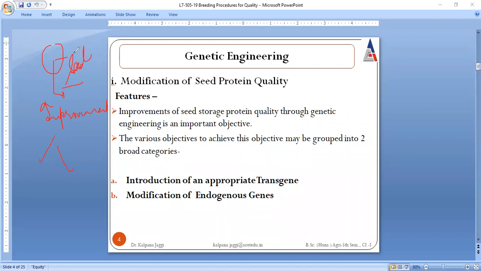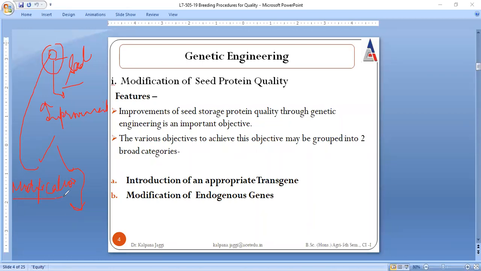Either whatever gene is present within the seed that is controlling the quality, you go for its modification. And in the scenario where modification is not possible, where after modifying this gene a number of times it is still not giving the improved quality protein characteristic, then why go for the modification?